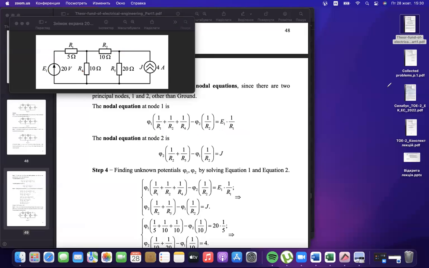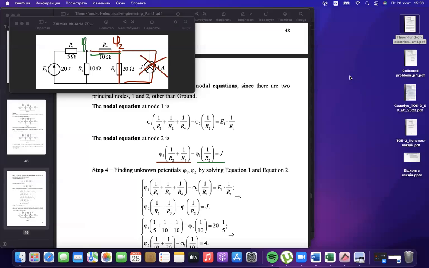Then we repeat the same for potential number 2. The self-conductance of 3 branches. One branch equals 0, conductance equals 0. That is why 2 branches. And minus the mutual conductance with branch number 1.